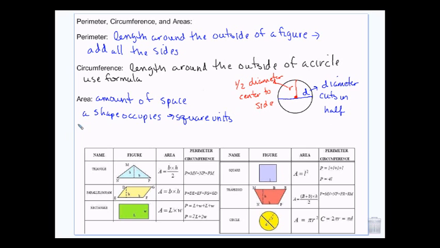And it's literally the number of squares. So if you say square inches, you're talking about little 1-inch squares, and how many of these little 1-inch squares are going to fit inside that shape.